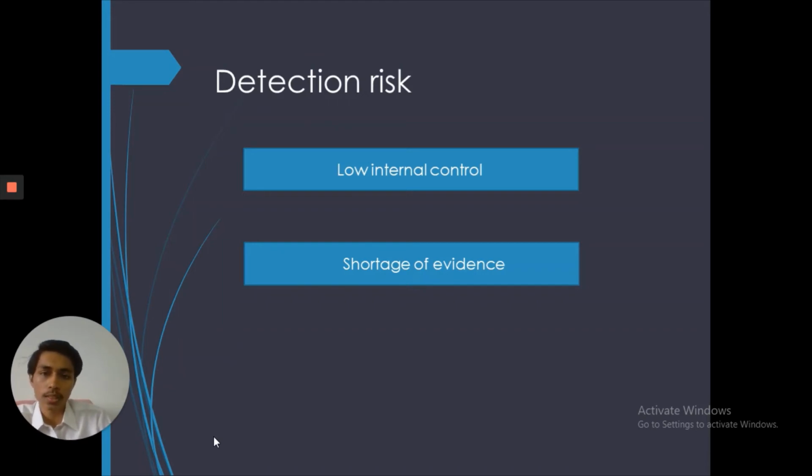So there will be a large possibility of material misstatement. We tried to collect evidence from the patients, but most of them didn't respond. So we are afraid that maybe we will not get enough evidence to find material misstatement.